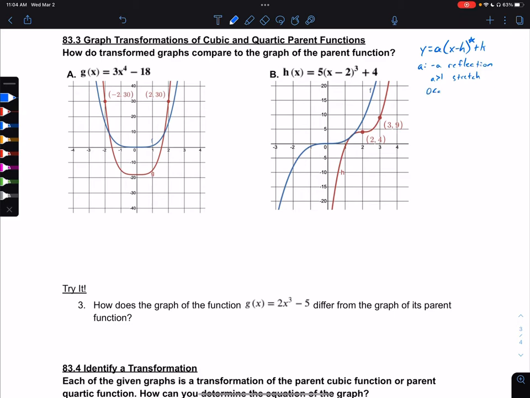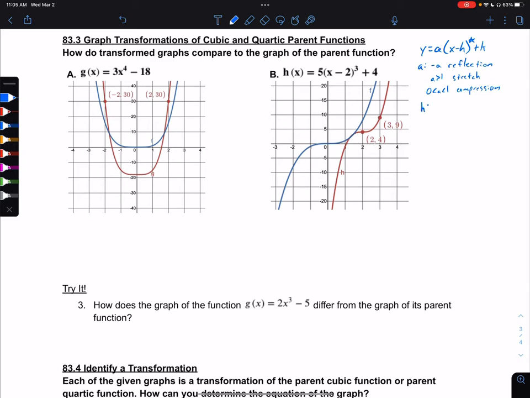And if a is between 0 and 1, there is a compression. Now, some people might reference absolute values for certain parts of this, but we're just going to go by whether a is greater than 1, or between 0 and 1. It is possible to have a stretch and a reflection, or a compression and a reflection, but you cannot have a stretch and a compression at the same time.